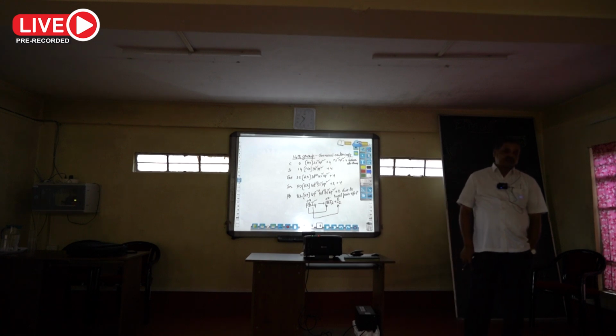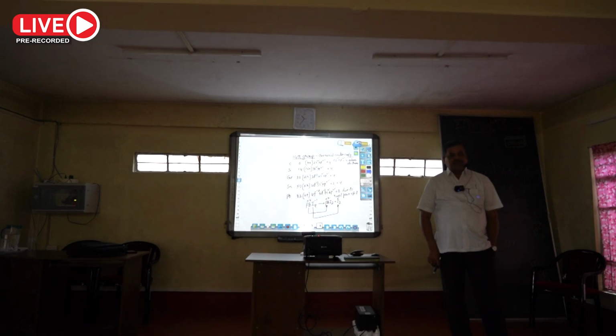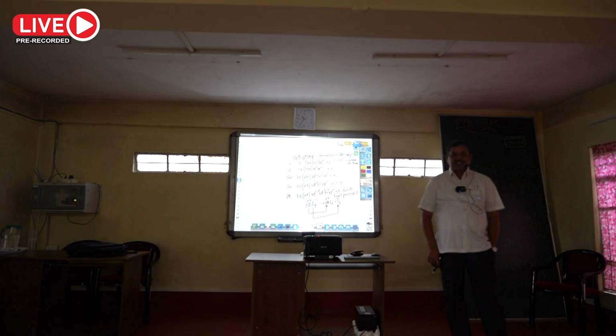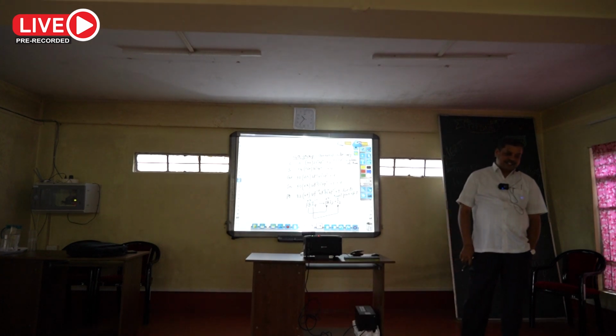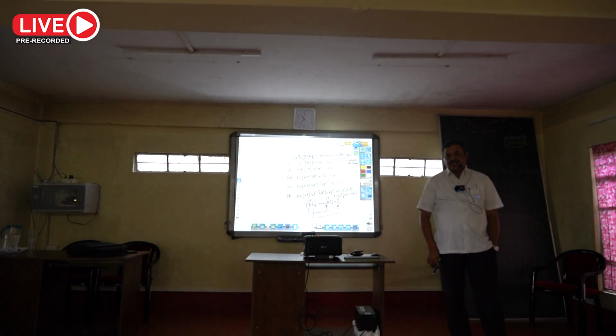Because Pb in +4 state is a strong oxidizing agent and I minus is a strong reducing agent. So here two are side by side, a strong oxidizing agent and a strong reducing agent. They undergo mutual redox reaction and form PbI2 plus I2.